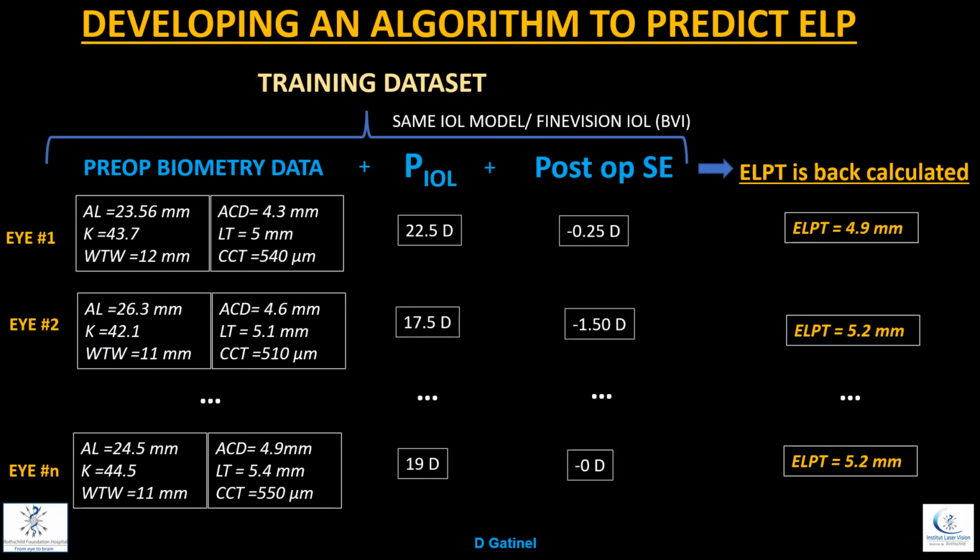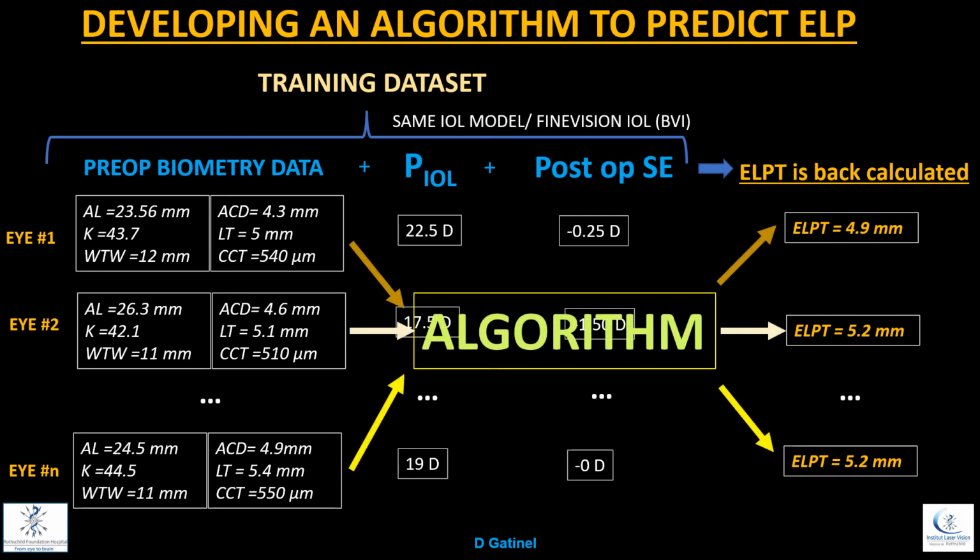So, for each eye in a large training set made of well-documented eyes operated with a fine vision IOL, we could back calculate the optical position of each IOL and could then deduce the anatomical distance from the corneal endothelium. This was possible because the manufacturer provided us with the optical design of each IOL for all the powers available. An algorithm was then trained to predict these positions.